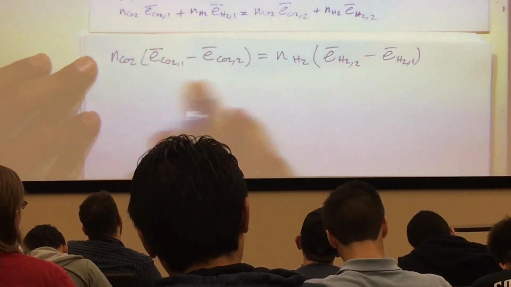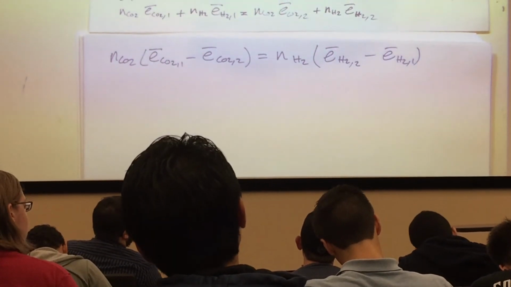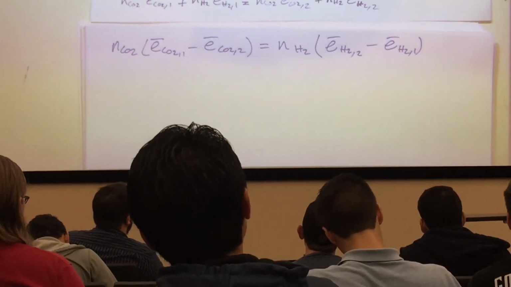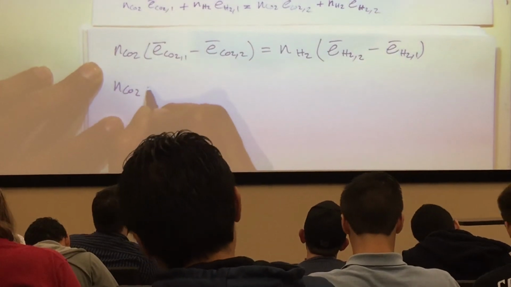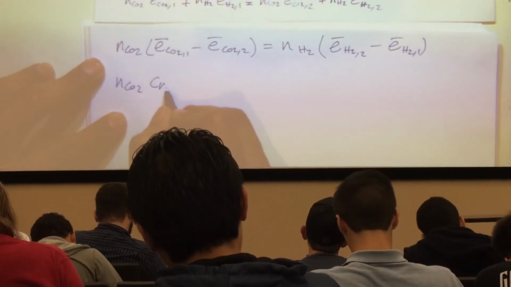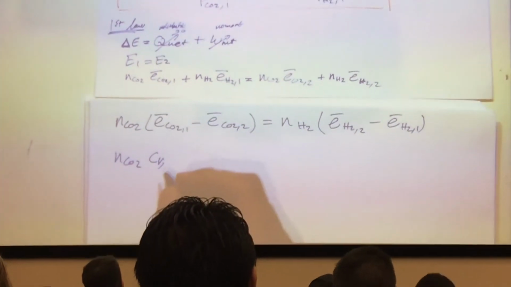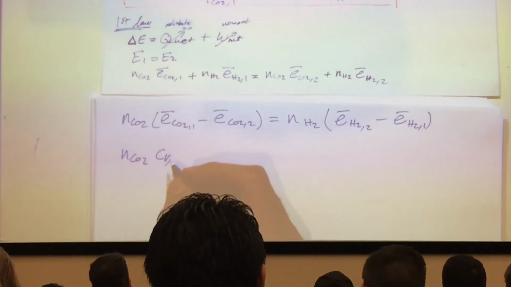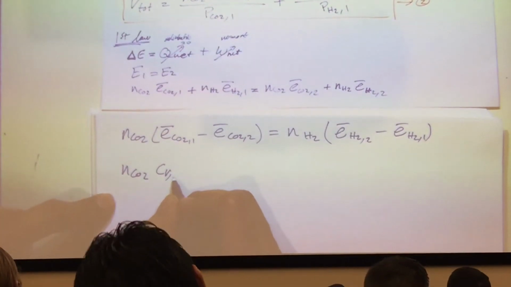Now, we typically don't work within the internal energy stage, so what is internal energy equal to? CV delta T. So I could say N CO2 multiplied by CV. Since it is constant, I don't have to worry about it changing from one state to another, because the temperatures are not large enough that it's a function of temperature.